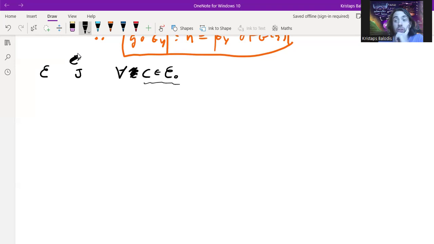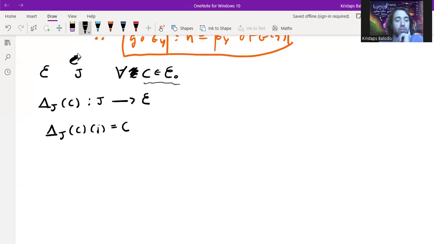I'm going to define a functor from J, and the functor itself is going to be called delta sub J of C, because its definition depends on C. So it's going to go from my category J to my category C. And what is it going to do? I need to tell you what it does on objects. It's going to take every single object and send it to C. So it's somehow like a constant functor. It just sends everything to the same object.